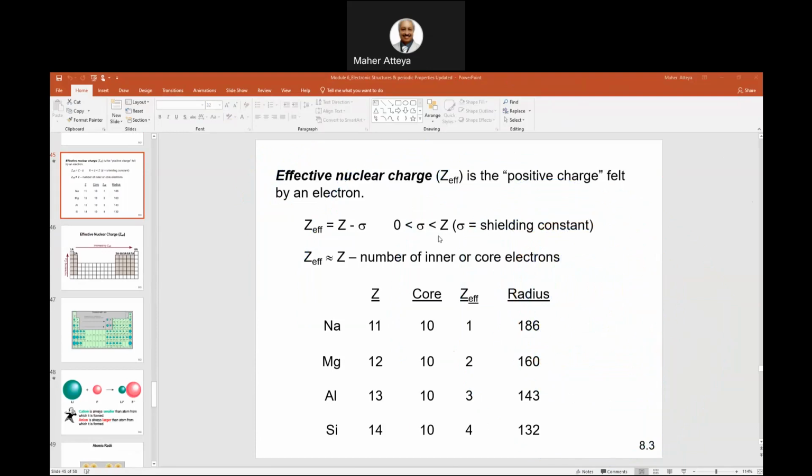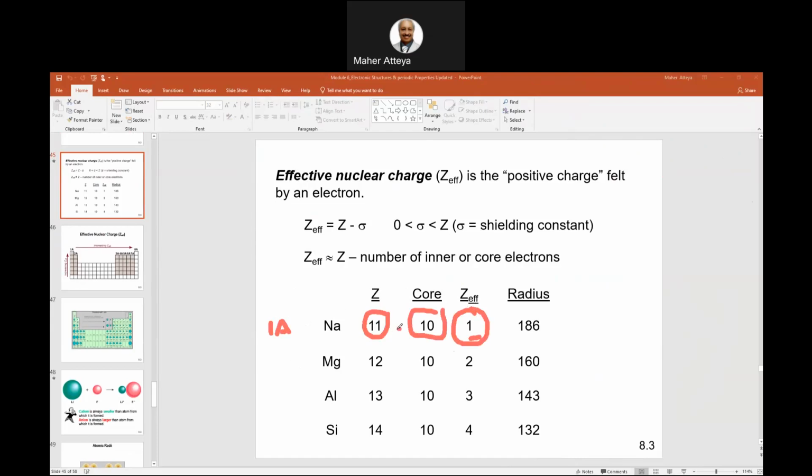it has a formula. We have the core. The core is the rest of the electrons. And the atomic number is 11. Since it is in group 1A, correct? 1A, it has 1 valence electron. So 10, that's the rest of the electrons. Atomic number, that's the whole.